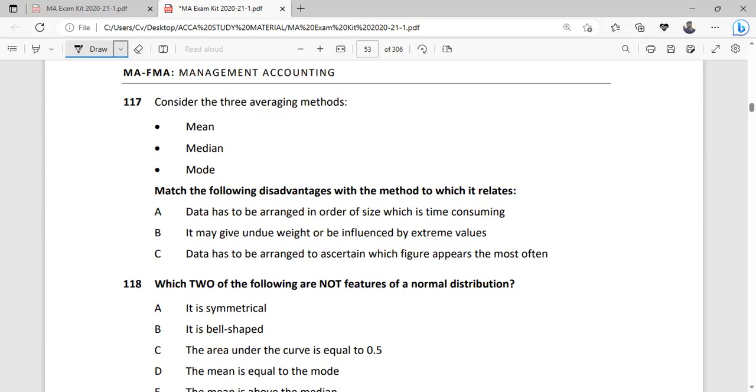Without arranging data, it is not possible to calculate the middle value. So what will we say? We will say it is median. It may give undue weight. Mean may give undue weight. Data has to be arranged to ascertain which figure appears most often. Mode appears most often.